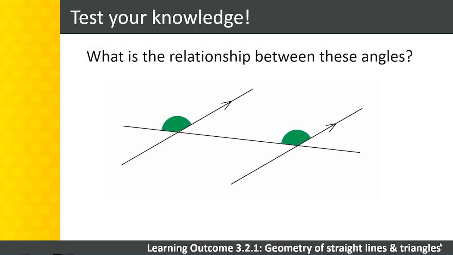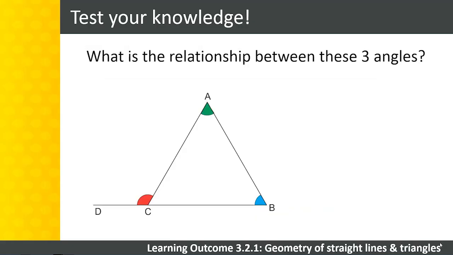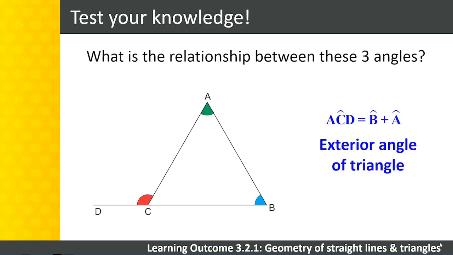What is the relationship between these angles? Corresponding angles are equal. What is the relationship between these three angles? The exterior angle of the triangle is equal to the sum of the opposite two interior angles.